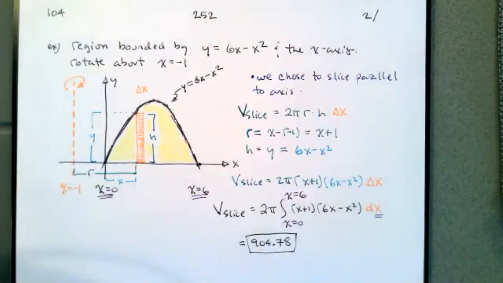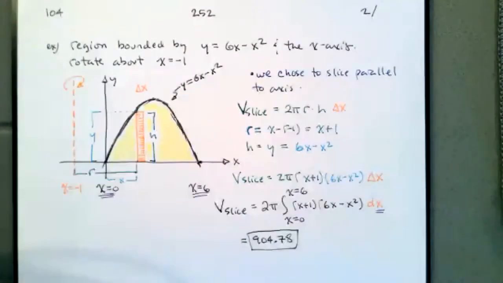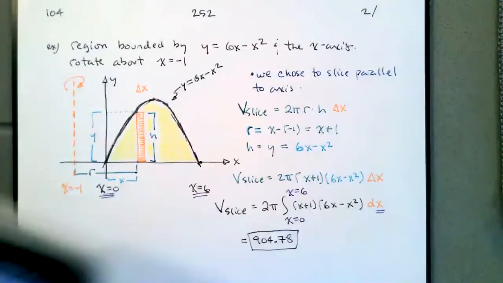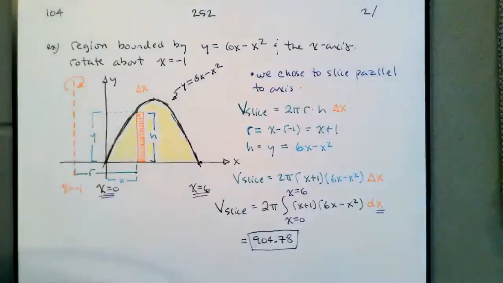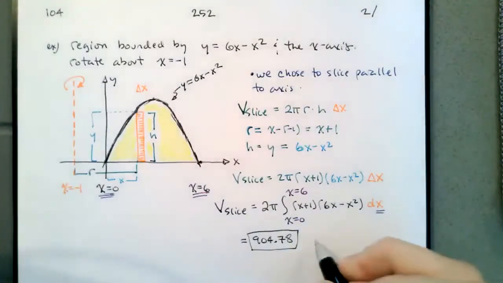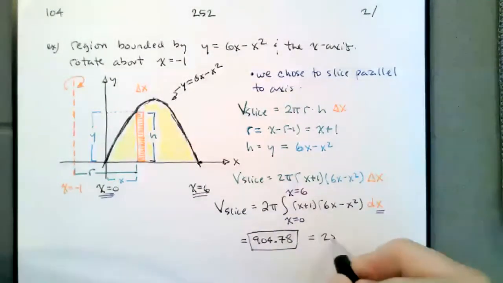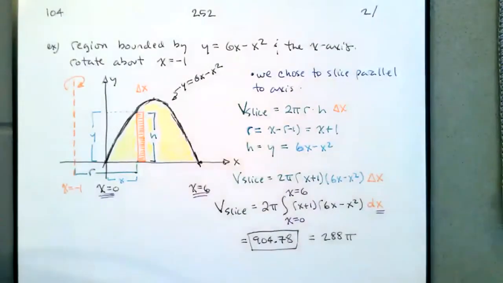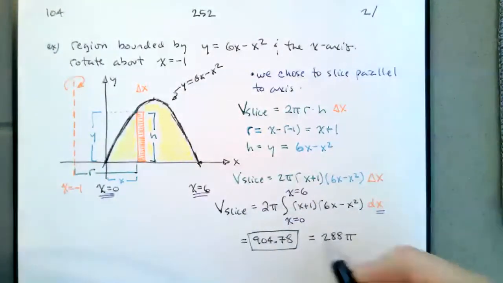As usual, I'm just asking for an approximation to 5 significant figures. But it looks like it is 288 pi. So there's our exact answer.